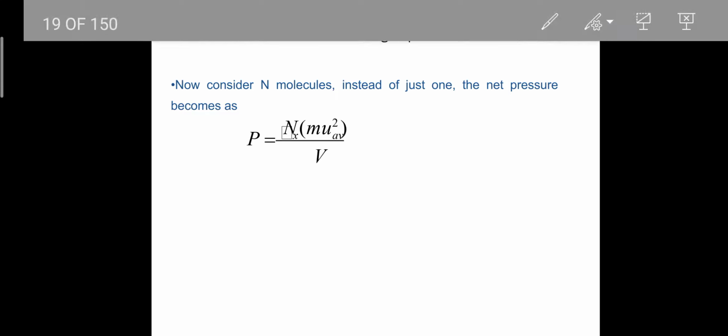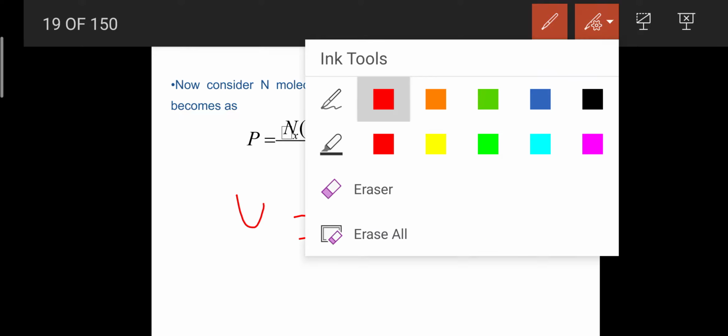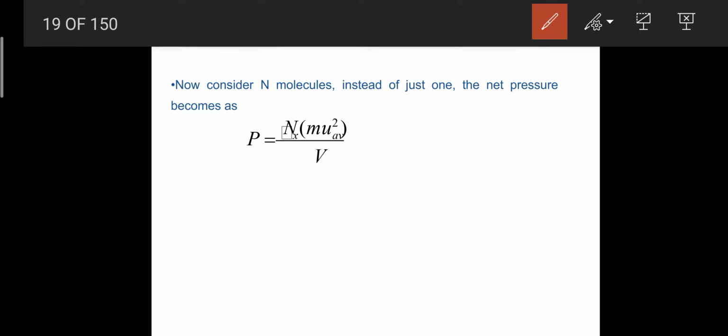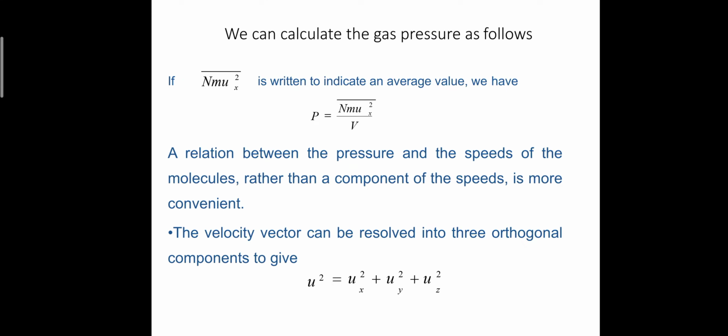So u is for velocity and v is for volume. Since I have to write directly on the screen, it is not that good to see, but hope you are understanding this.